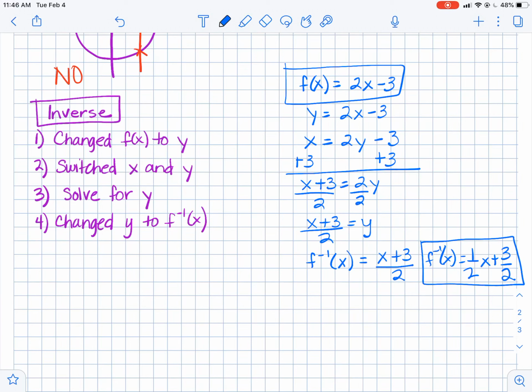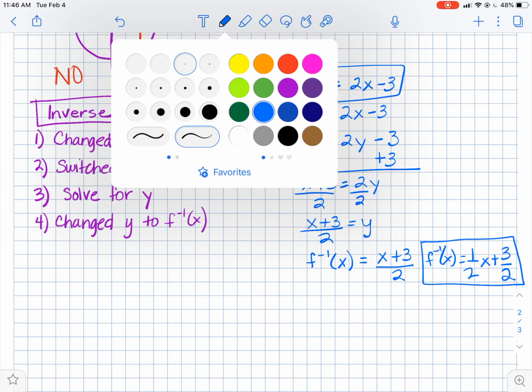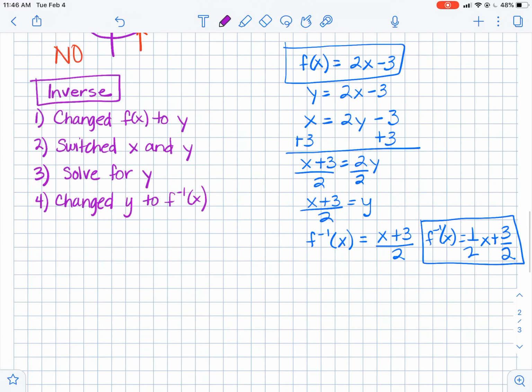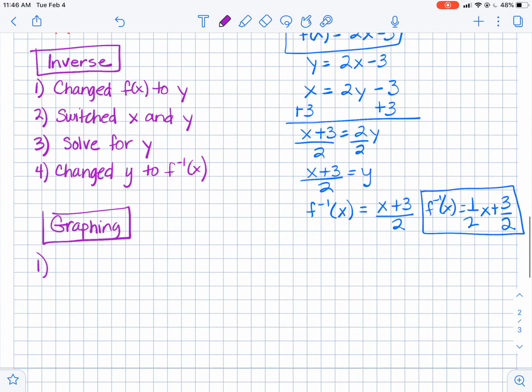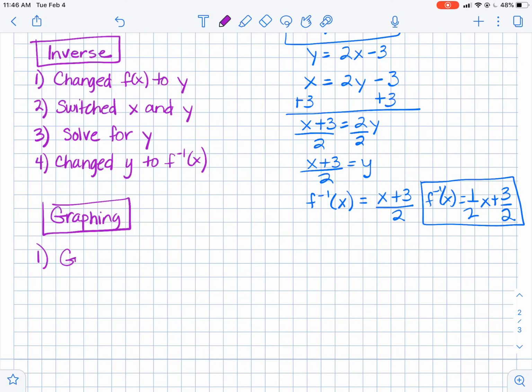So the next thing that we're going to do is check to make sure they are inverses by graphing. So the set of steps that we use if we're graphing: Step 1, we want to graph the original equation.